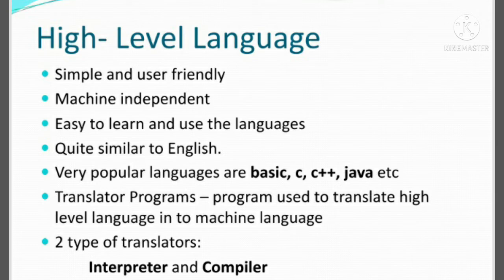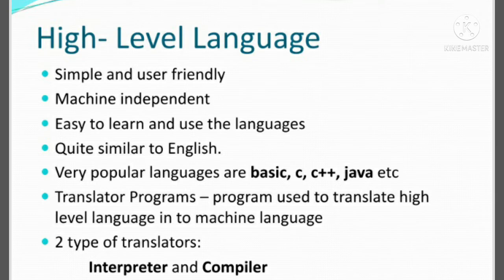As we know, we have some limitations while using the first two languages, that is machine language and assembly language, and that leads to the development of high level language, which is simple and user friendly, which means it is easy to understand by us.